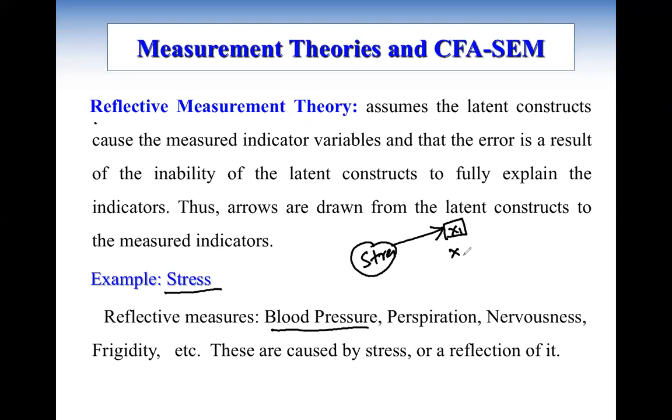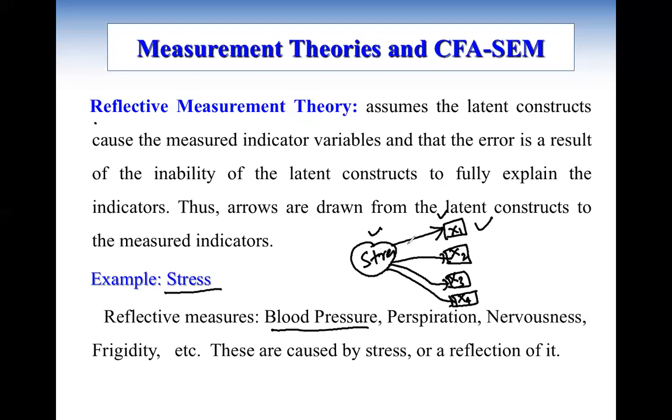Another variable, if someone feels perspiration, nervousness, and frigidity. Okay, so these are the symptoms of stress. If you are feeling very nervous, it means you are in stress. So what depends on what? Your blood pressure depends on stress. That is why the arrow goes from the construct to the variable, from the oval shape to the rectangle.